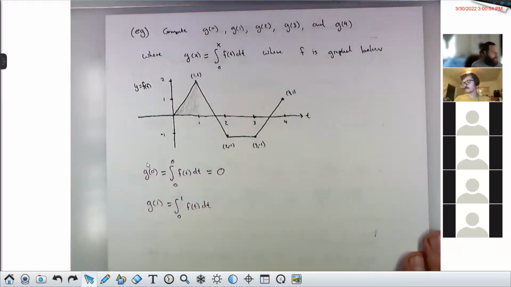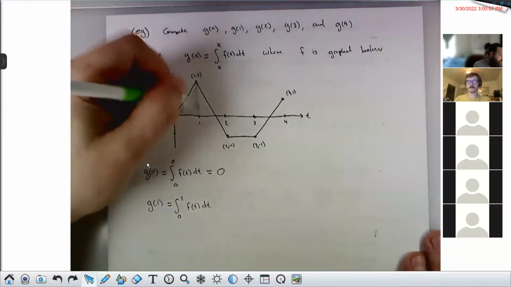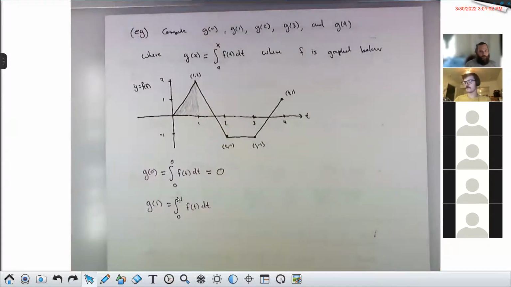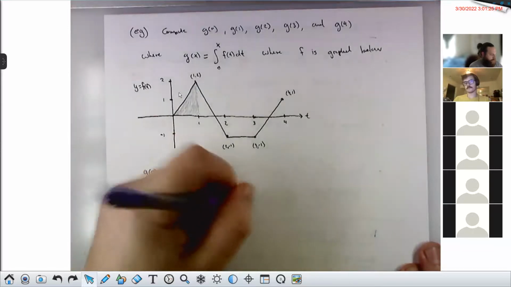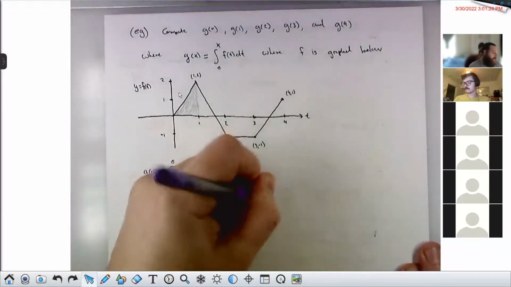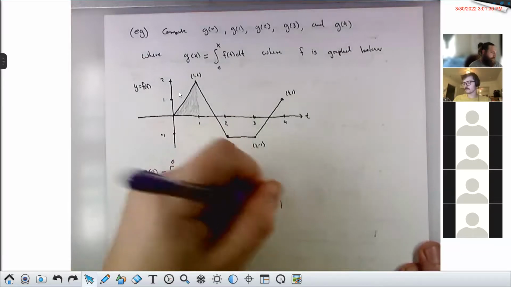I'm looking for this area, right? This pencil shaded area here, that's the integral from 0 to 1 of f of t dt. I'm taking the area between 0 and 1 underneath the graph. I drew this as a piecewise linear function, so we can use basic geometry. We do 1/2 base times height. The base here is 1, the height here is 2. So this is 1/2 times 2, which is 1.